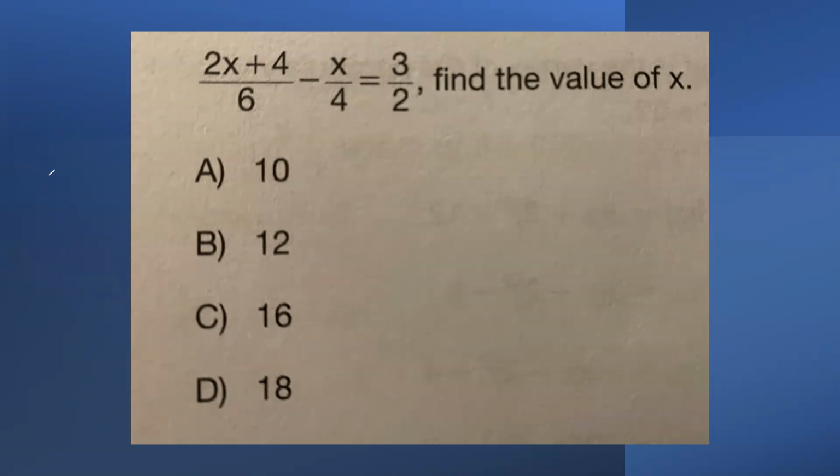Okay, so find the value of X. We need to have denominators that are the same. The least common multiple of 2, 4, and 6: multiples of 4 are 4, 8, 12, and multiples of 6 are 6, 12.